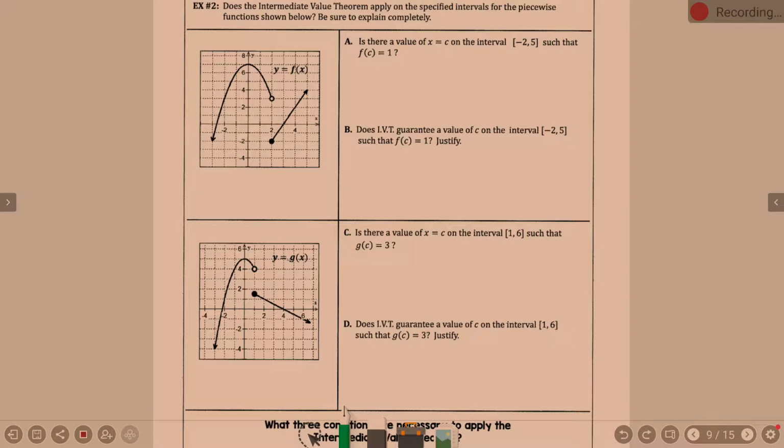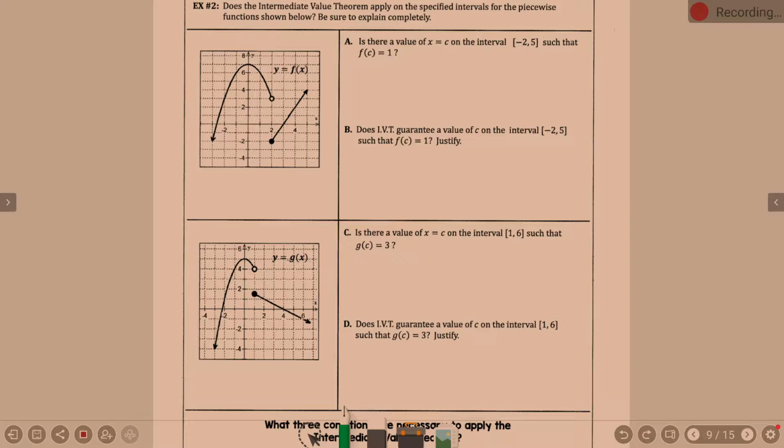So let's see if we can look at this first example here. Does the intermediate value theorem apply on the specified intervals for the piecewise function shown below? Be sure to explain completely. So, is there a value of C on the interval -2 to 5 such that f of C equals 1?